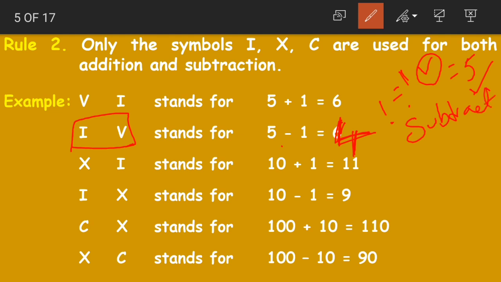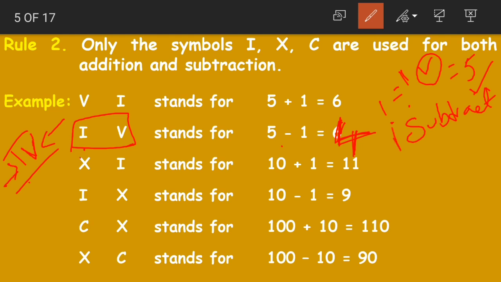Understood, children? Whenever you are given a Roman numeral and you get confused whether to subtract the symbol or to add the symbol, you remember this example very clearly, that IV stands for 4, because you have been using this IV to write class 4 for a long period of time. So take this example where the lesser number comes first and the greater number comes next.